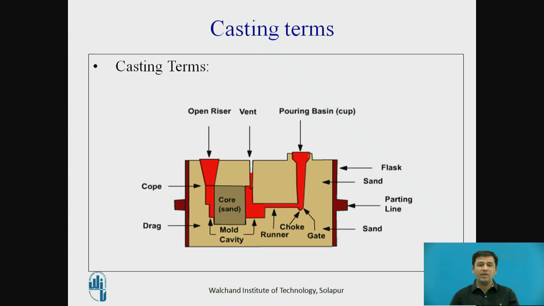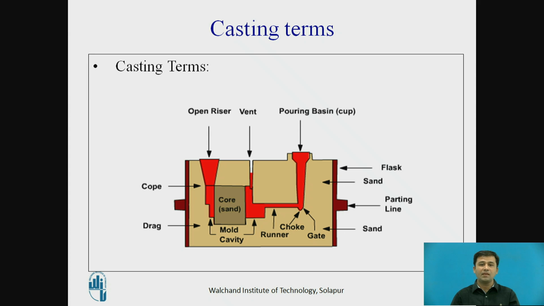If we don't provide a proper way for them to move out, these will become defects of the casting, and once a casting is defective, it needs to be thrown out completely, which is a wastage, and any wastage costs money. So a vent is provided to let the gases escape.